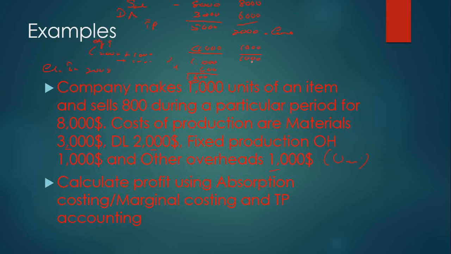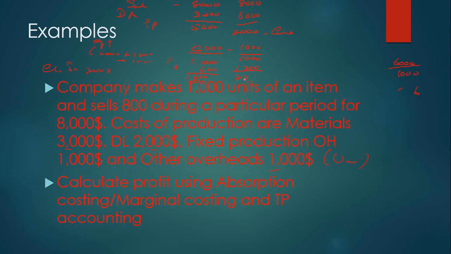But now your inventory valuation is different, because inventory will be valued at marginal cost. Marginal cost is 6,000 for 1,000 units, so the marginal cost per unit is 6. So 6 into 200, 1,200.